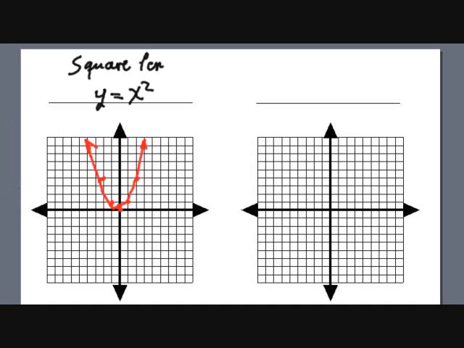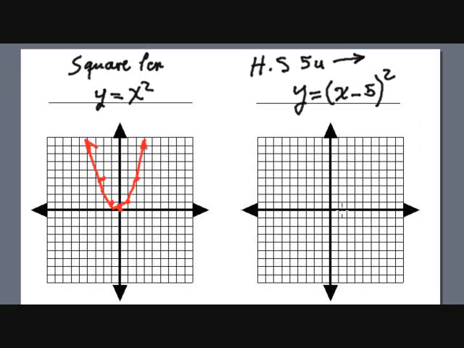Okay, the first transformation is y equal x minus 5 squared. This is a typical horizontal shift of 5 units, and the direction is to the right because it's minus here. Okay, the graph looks like that.